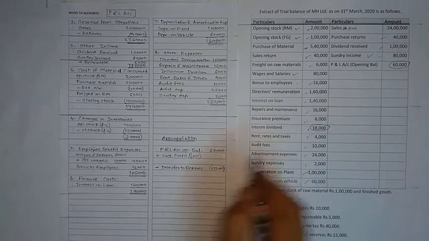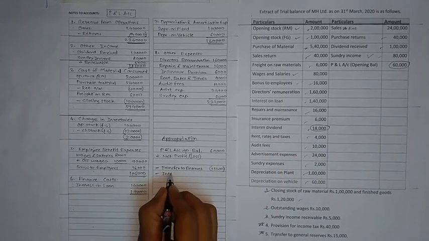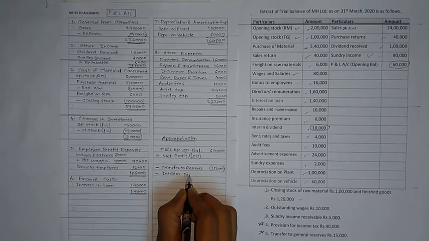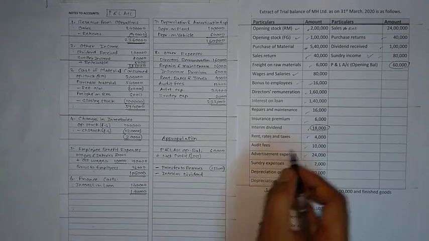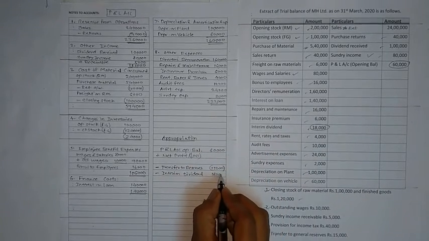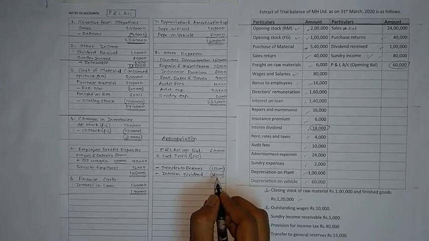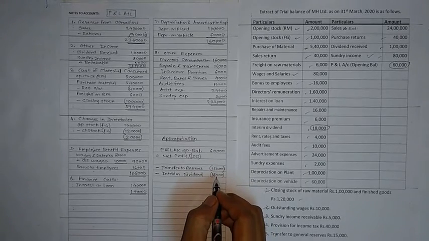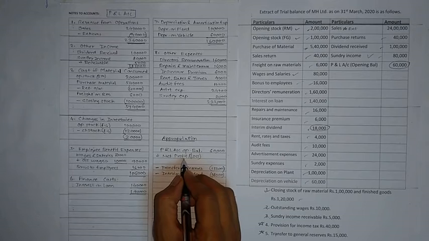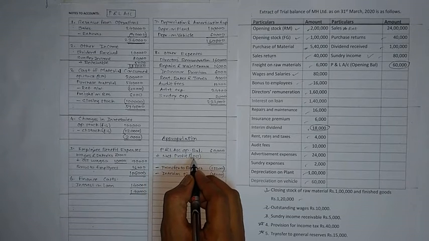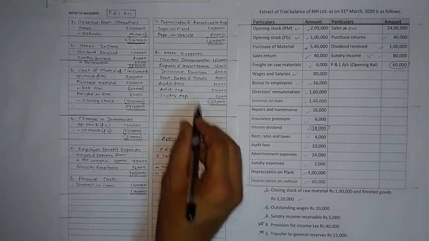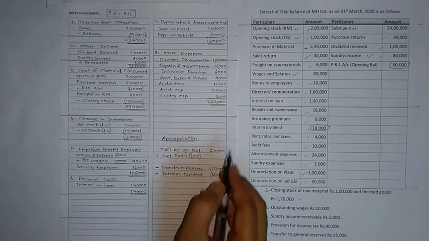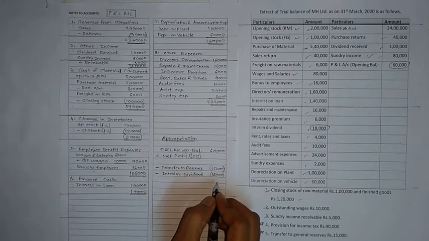And one more item is interim dividend, so less interim dividend, or it can be proposed and final dividend also. It will be shown here itself, 18,000 less. So we will calculate this amount only after calculation of net profit or net loss. So one more item is pending, that is provision for income tax. So next we will transfer all these amounts in the format, and then we will calculate appropriation amount.